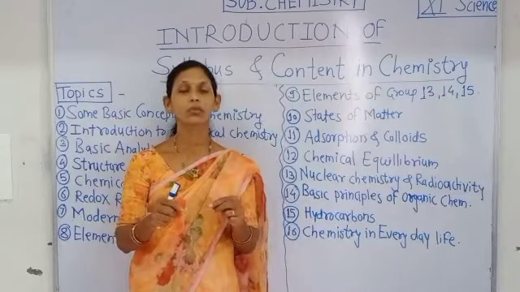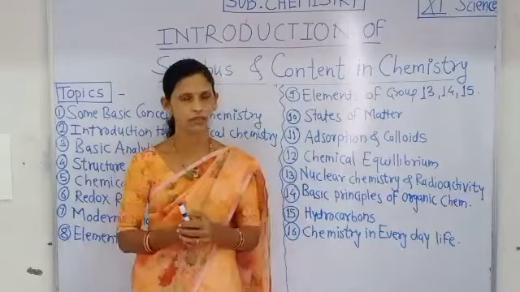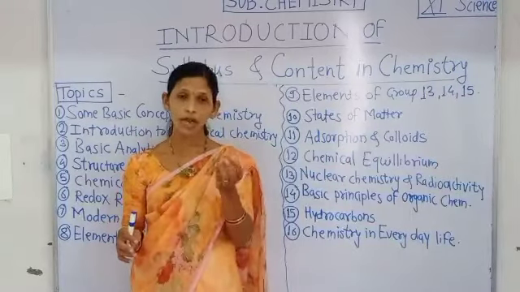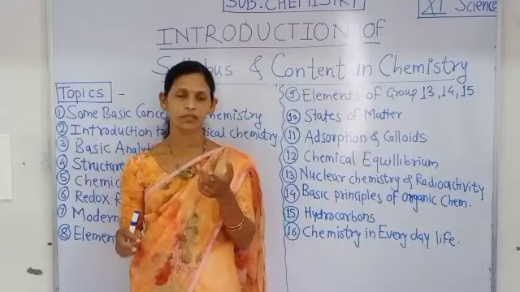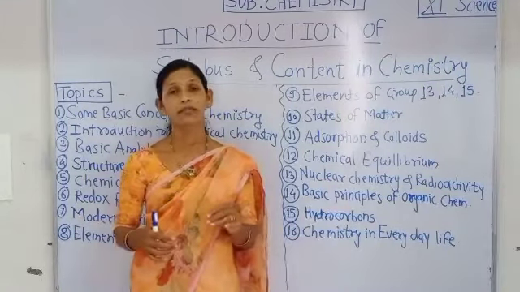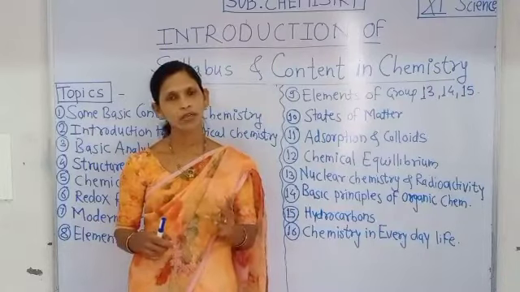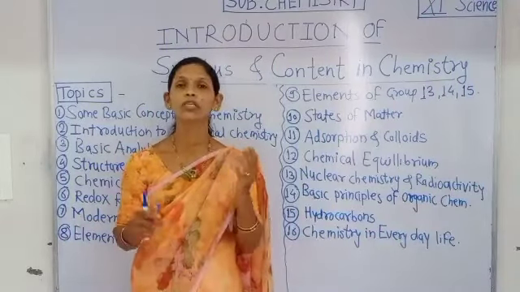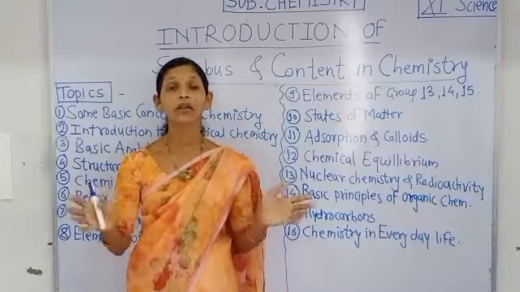You can mix those two and make a mixture. As well as you can make a mixture of sulfur powder and iron particles, and you can prepare a mixture of common salt, water, sugar and lemon juice, which is known as sarbat.